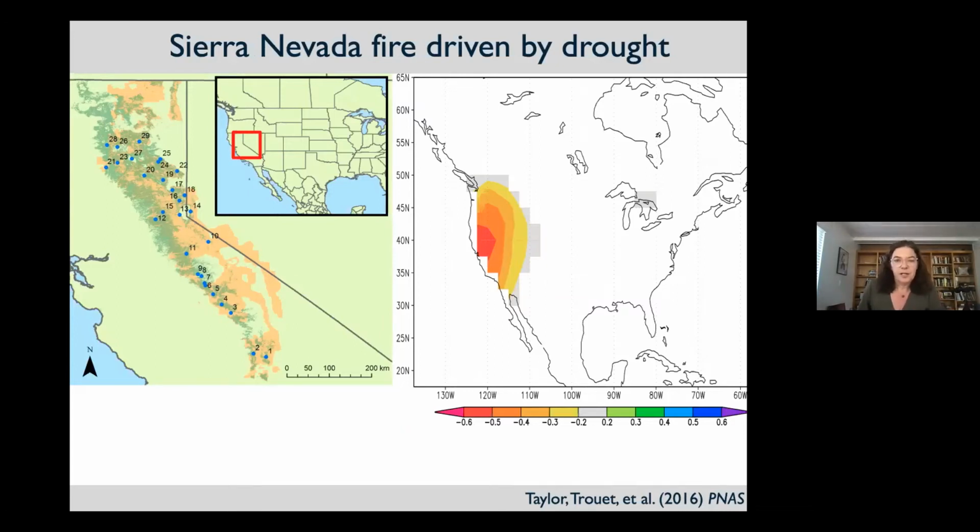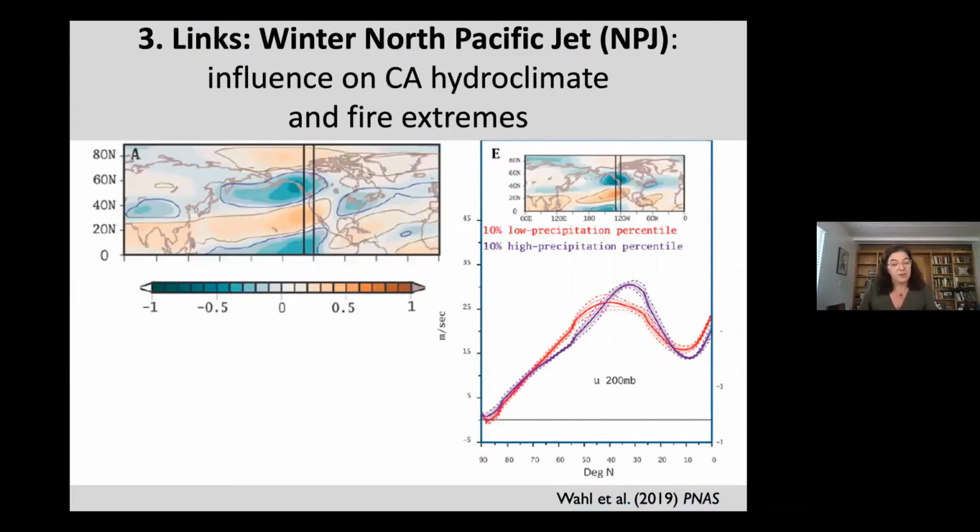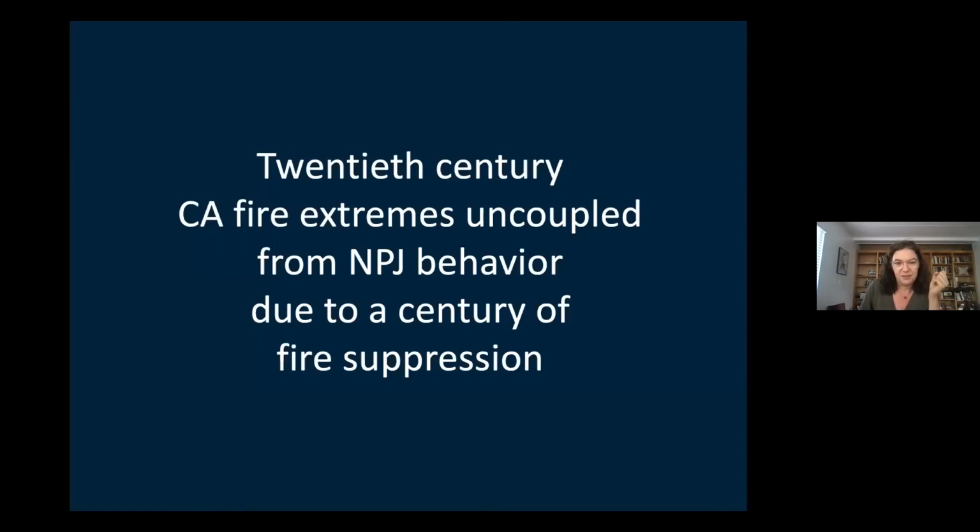But I'll skip this part, unfortunately, because this now links the fire in California to a jet stream reconstruction we did for the North Pacific. So looking at how the jet stream influences fire activity, but I'm running out of time, so I'm going to have to skip this.